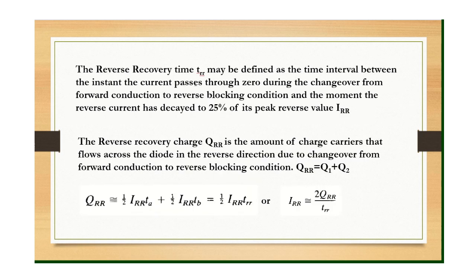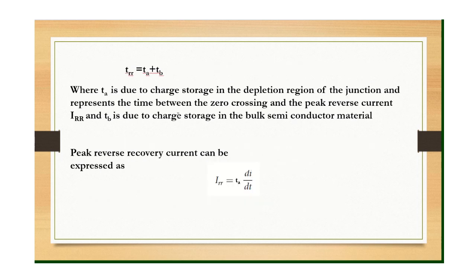So the reverse recovery time TRR may be defined as the time interval between the instant the current passes through 0 during changeover from forward conduction to reverse blocking condition, and the moment the reverse current has decayed to 25% of its peak reverse value IRR. I'll go back to this graph.